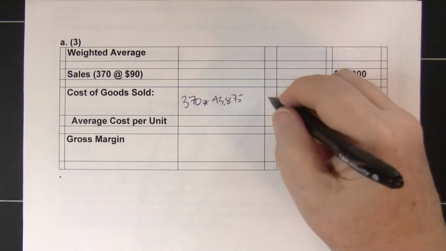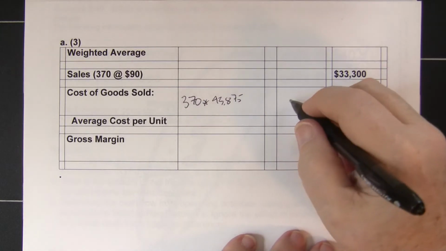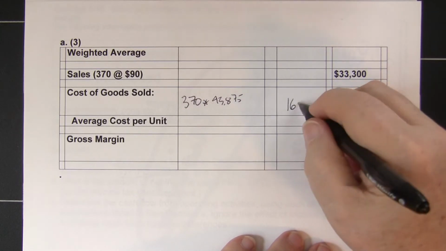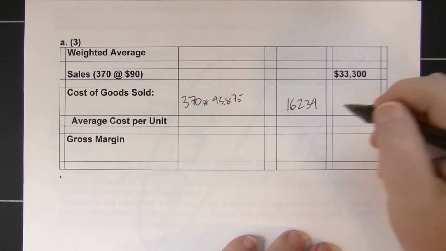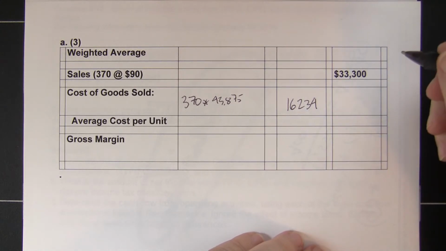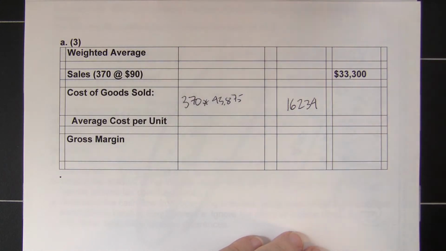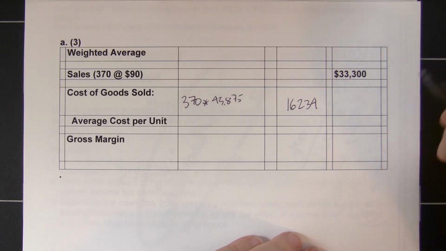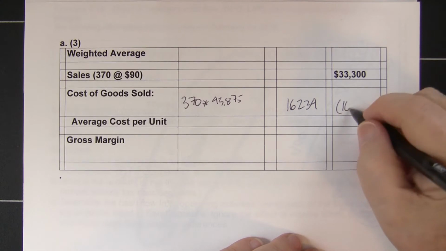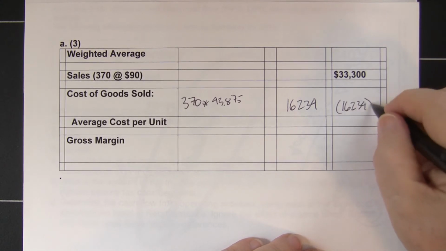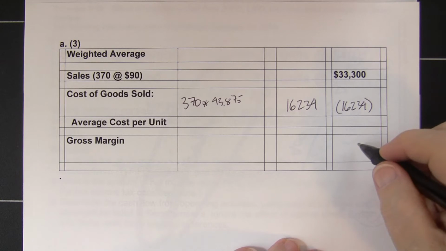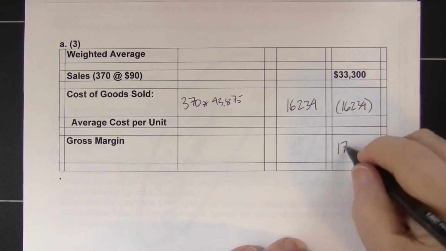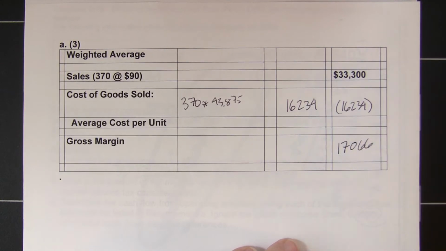And when you multiply that out, you come out to $16,234. I rounded to the next highest whole dollar because you wouldn't round down, because you had to sell a whole unit. So our gross margin under weighted average is $17,066. So now we've done the gross margin under all three methods.